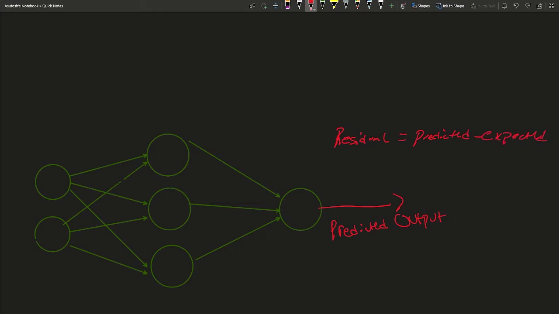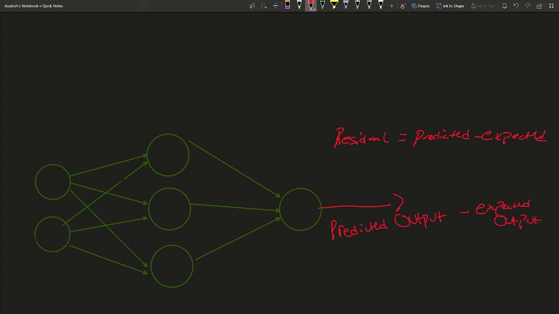So we take the predicted output and subtract it from the expected output. And that value we have, right, is basically a gauge as to how accurate our model is. The bigger the residual, the worse off the model is, right?